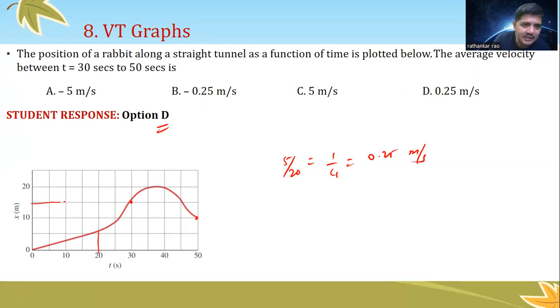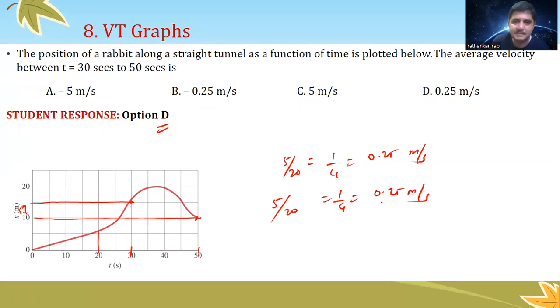At 30 seconds the displacement is 15 meters, and at 50 seconds it is somewhere over here. So the difference is 5. I should get 5 meters divided by the time difference, 50 minus 30, which is 20, which is once again 1/4, which is 0.25 meter per second.